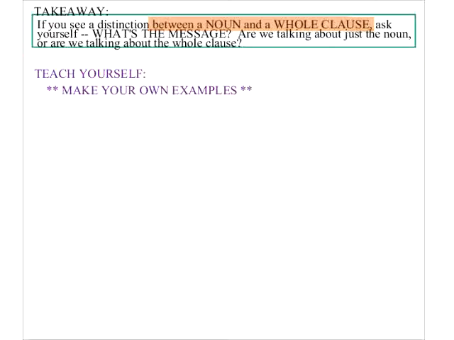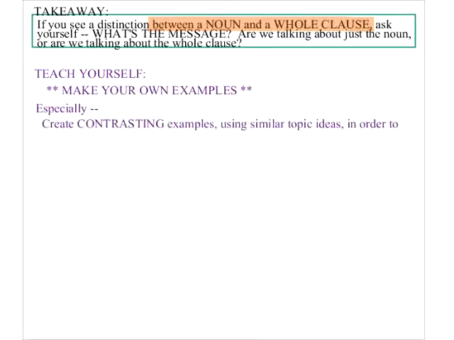What you might find especially helpful is to create contrasting examples using similar topic ideas in order to highlight the differences between the constructions. Let me give you an example. Here are two sentences. Again, both of them are correct.